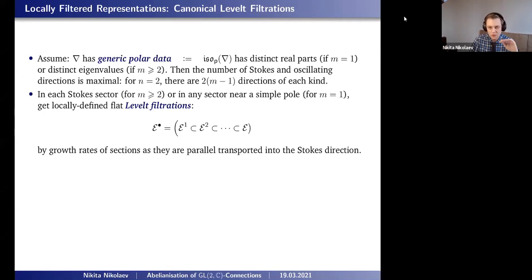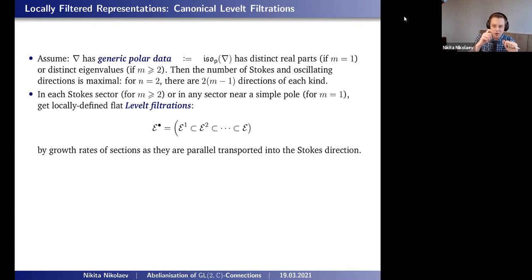from simple classical ODE considerations, you get that your bundle is filtered by growth rates as I take my solutions and parallel transport them into the pole. So some solutions grow faster than others. And the growth rates are given exactly by the eigenvalues of the isotropy representation.